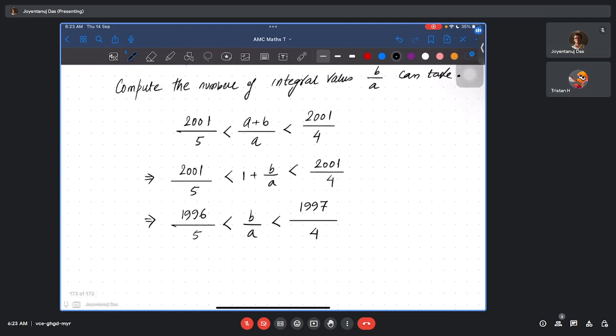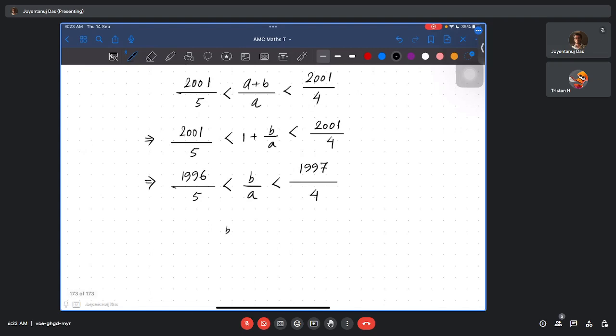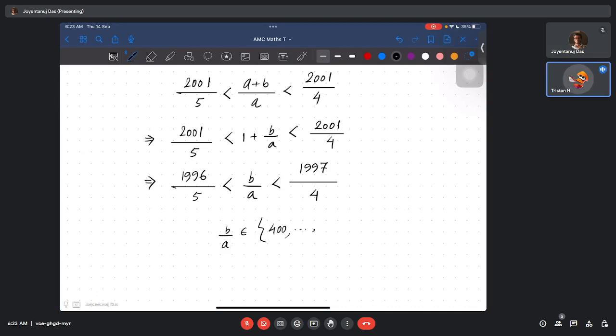So what is the nearest integer that is bigger than 1996 divided by 5? 400. Right. So b by a can take values from 400 up to 499. Right. So total there are 500 values, right?